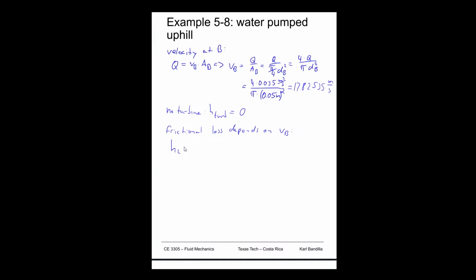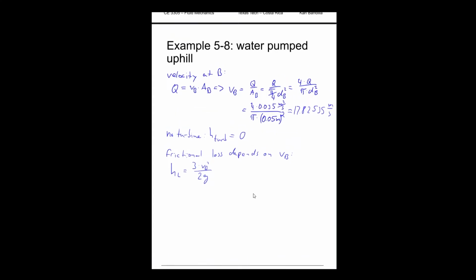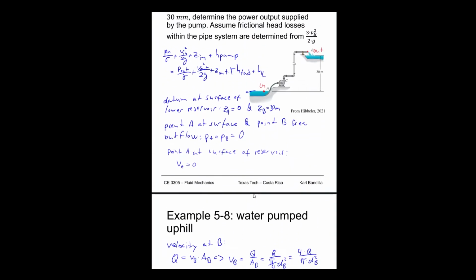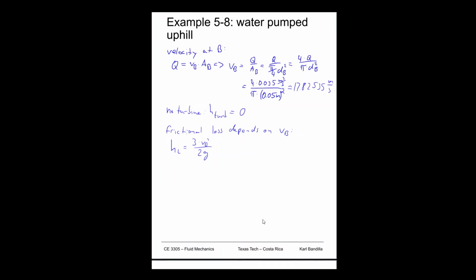We're given an equation for it that is just 3 times VB squared over 2G, which looks exactly like our velocity head. We can stick all that into our energy equation. We'll have a whole bunch of zeros. Our inlet pressure is 0, our inlet velocity is 0, and our elevation is 0 as well.